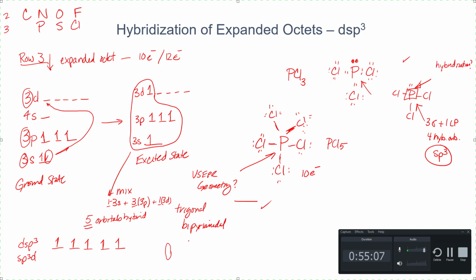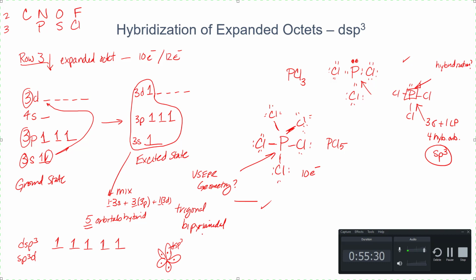Trigonal bipyramidal. So each one of these is going to be a dsp3 hybrid orbital for phosphorus. Each one of them is going to contain 1 electron.